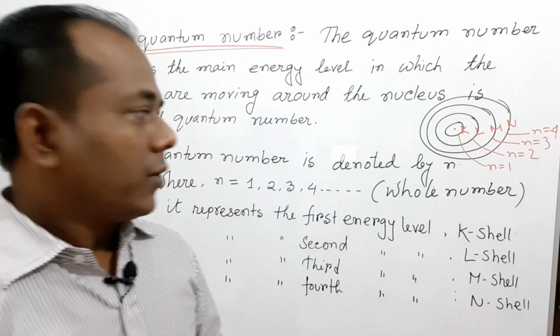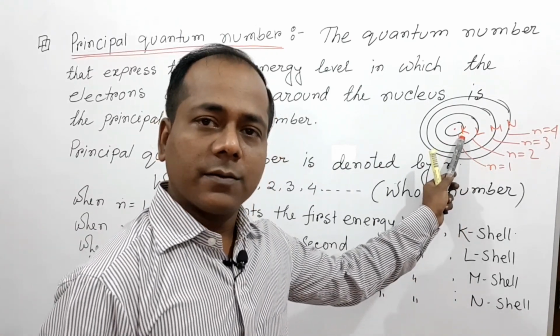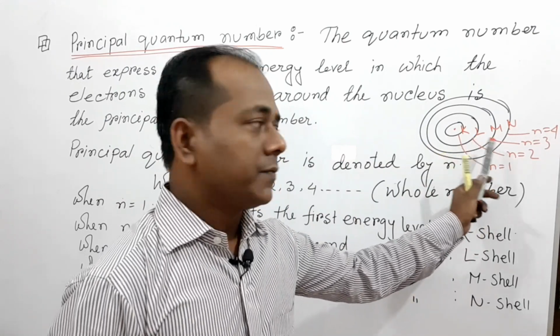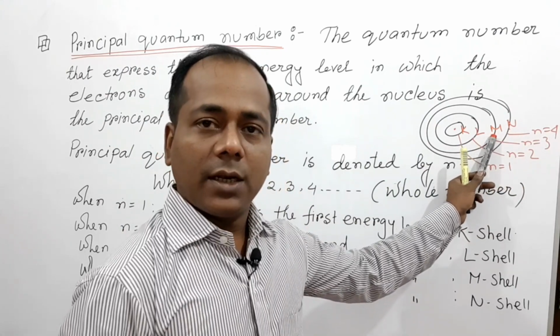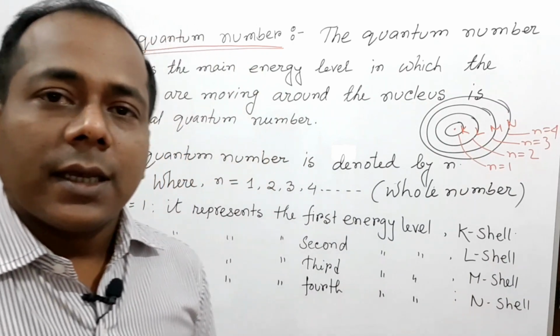That means when n equals 1, then we get K shell. When n equals 2, we get L shell. When n equals 3, then we get M shell, and when n equals 4, then we get N shell.